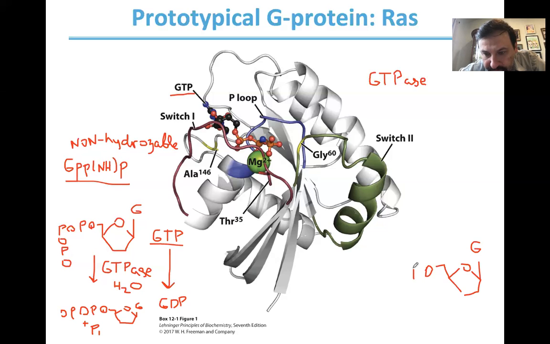So instead of the phosphodiester, we're going to have a phosphoramide. So here we have an ester. Here we have an ester. But the last one, instead of the oxygen, we're going to have a nitrogen.